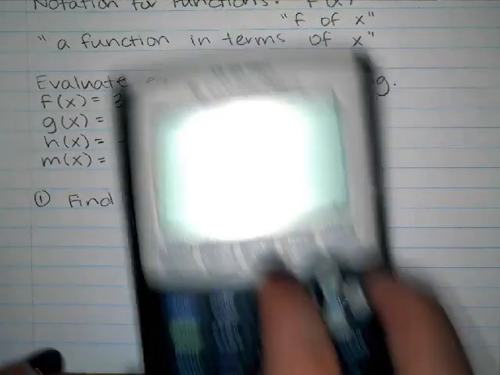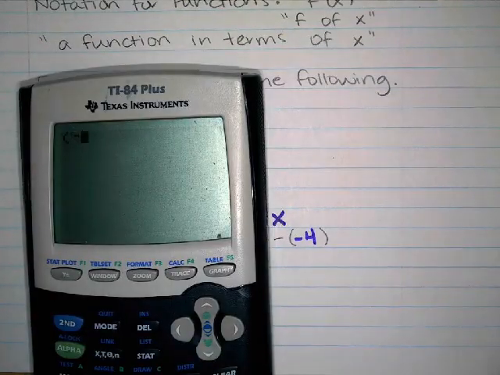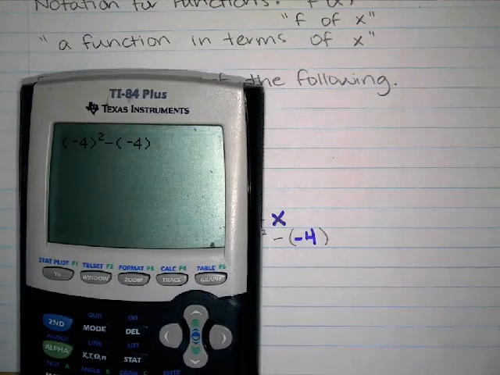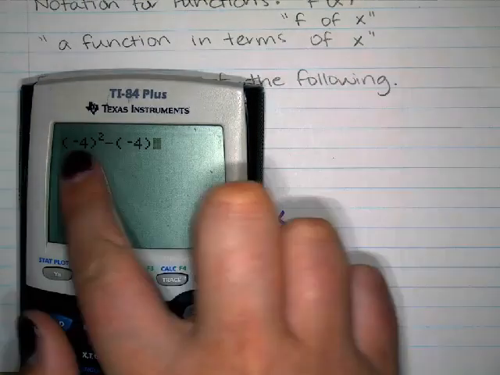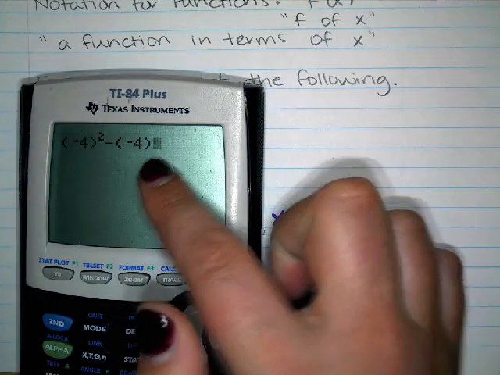And now I can type it in just to see what the answer is. You can see I'm just typing it in exactly the way it looks, and the way that I read it out loud is exactly the way I typed it. So negative 4 squared minus negative 4.